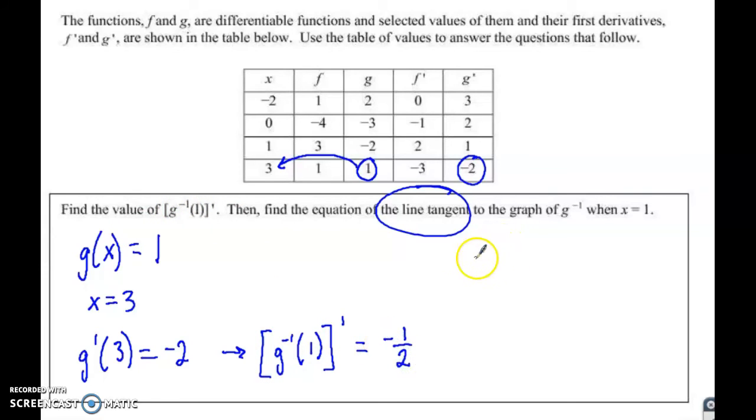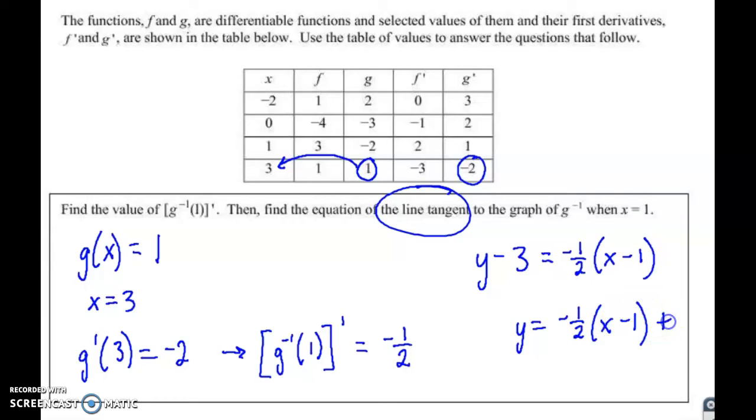Now be careful here, because as you write the equation of the tangent line, make sure that you are using, so the slope is right here, x minus 1. So I know I wrote x equals 3 over here, but that was for the g function. So for the inverse function, it's the y. And I don't know why I wrote it that way, because you know me by now that I always write it like this, y equals. That's how they prefer you to write it.